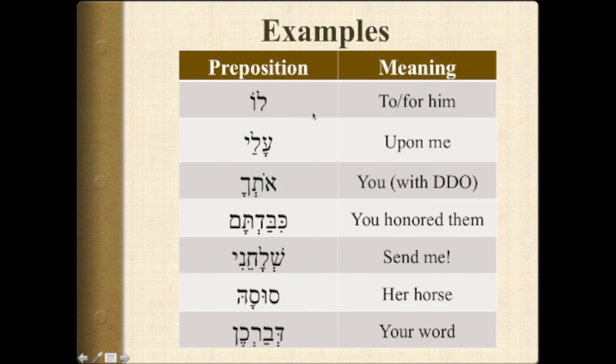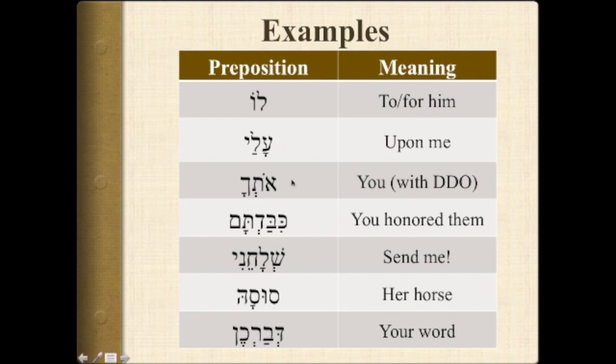And so this would be translated to or for him. Here's another example of a preposition plus a pronominal suffix. In this case, first common singular. So you have the preposition al plus the first common singular. And this would be translated something like upon me.